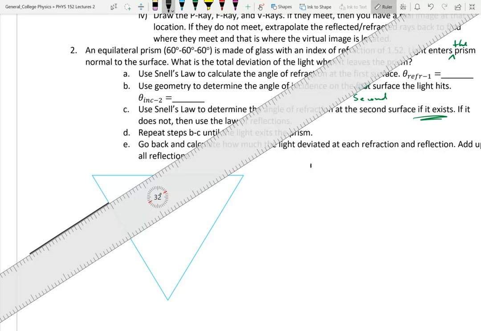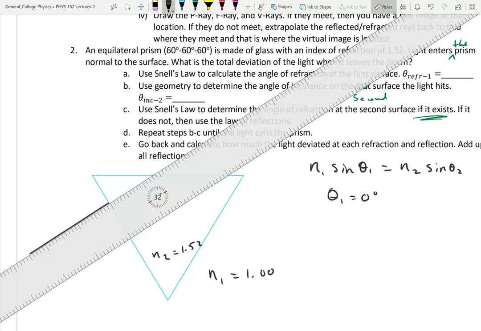Now, we know Snell's law, n1 sine theta 1 equals n2 sine theta 2. n2 equals 1.52, n1 equals 1.00, because air is roughly the same as vacuum. So in this case, the angle of incidence theta 1 is 0 degrees.